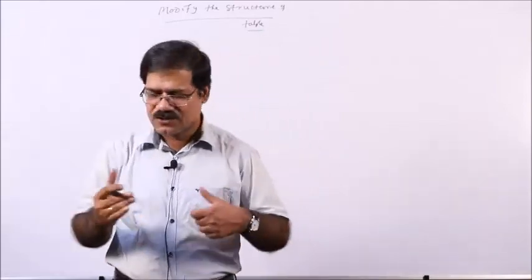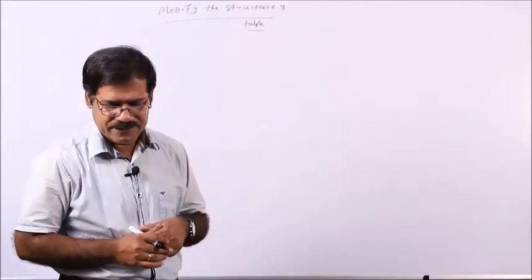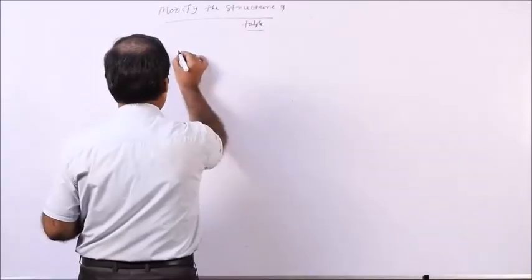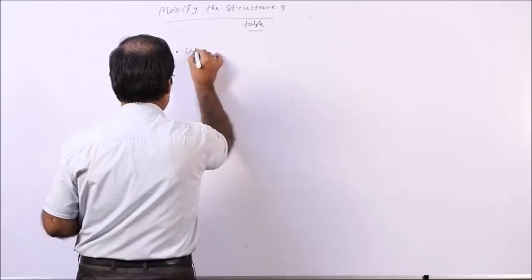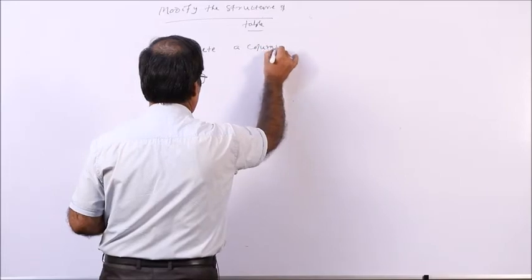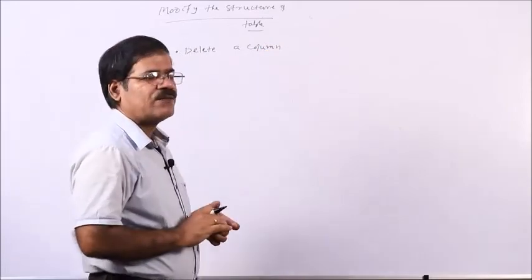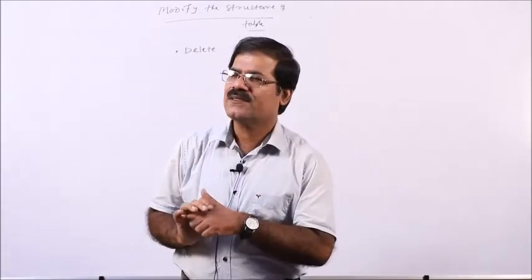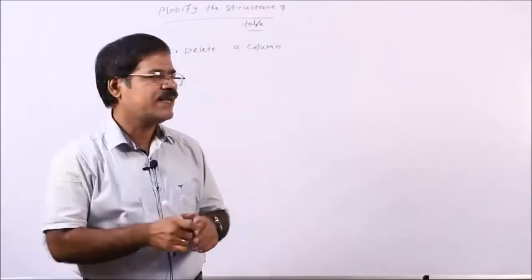A particular structure is created, I want to modify it. First, I want to delete a column. Suppose initially I have already created 4 columns. At a later time, I want to delete another column.